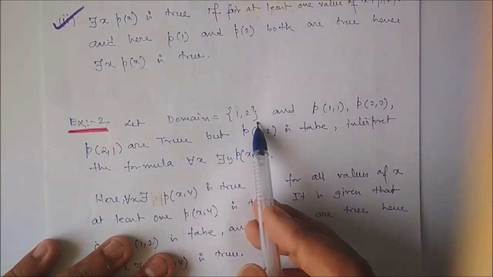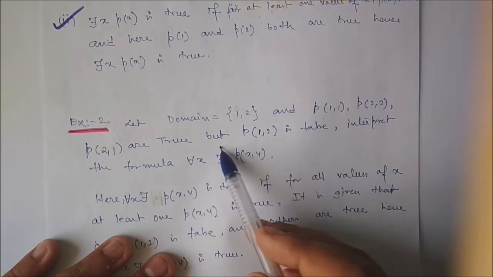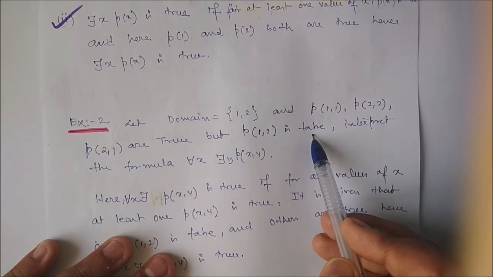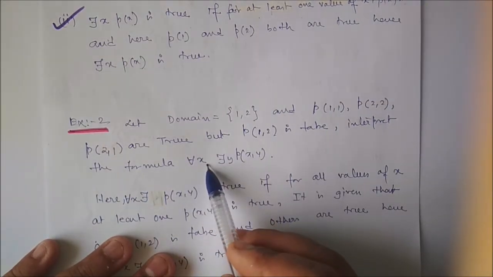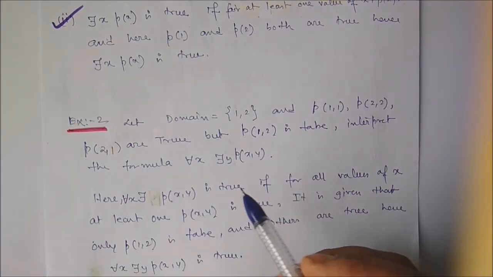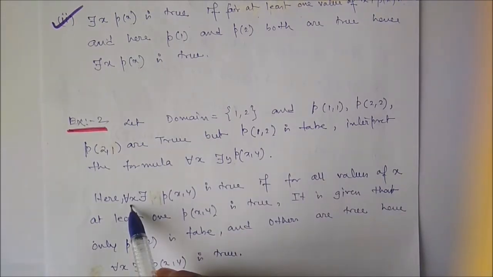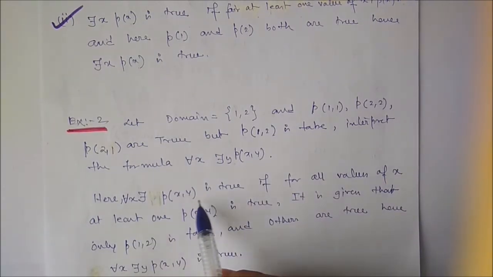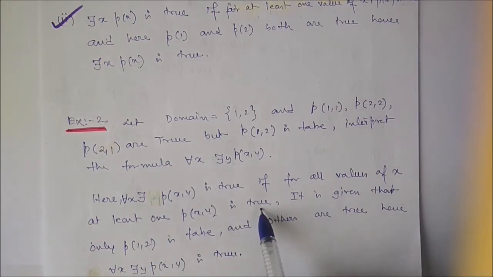Let the domain be 1, 2, and P(1,1), P(2,2), P(2,1) are true, but P(1,2) is false. Interpret the formula: for all x there exists some y, P(x,y). For all x there exists y, P(x,y) is true if for all values of x at least one P(x,y) is true.